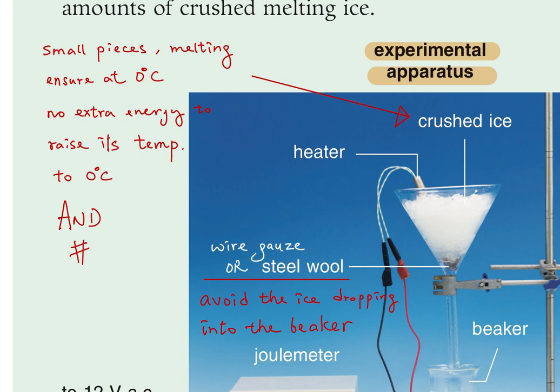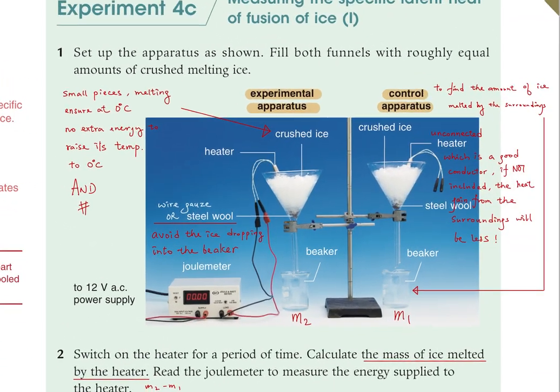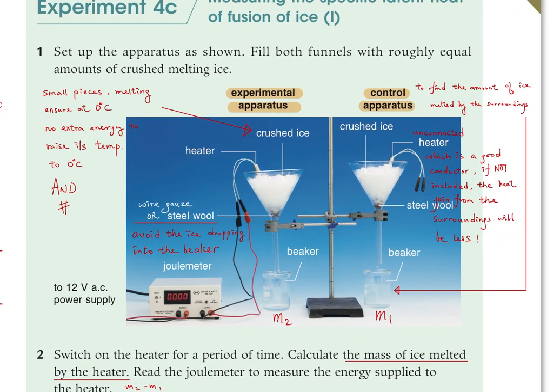There is also a steel rule at the neck of both funnels. They are used to avoid the ice dropping directly into the beaker, which will affect the result. So how would it affect the result? Think about it.